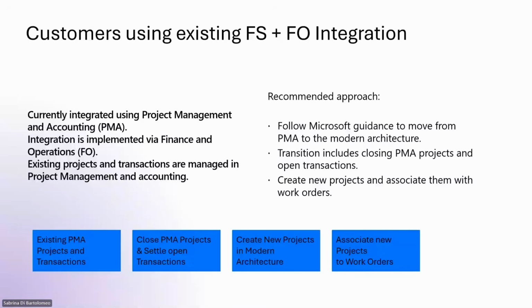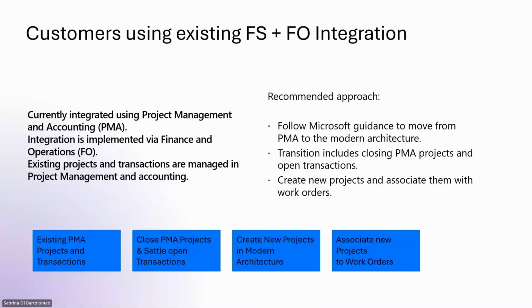So with that, we want to talk about different customers in different life cycles. Here we're talking about customers using the existing FS and FO integration. Today, the customers who are integrated using the project management and accounting framework in finance and operations have their projects and financial transactions managed directly in PMA, and the integration relies on the previous integration.